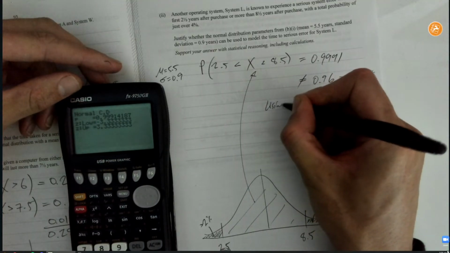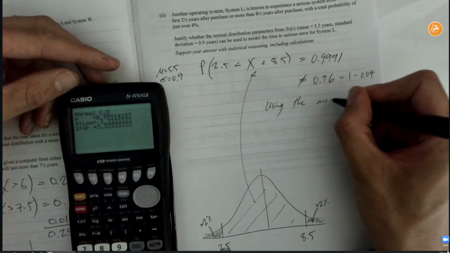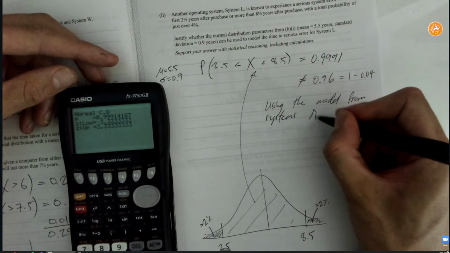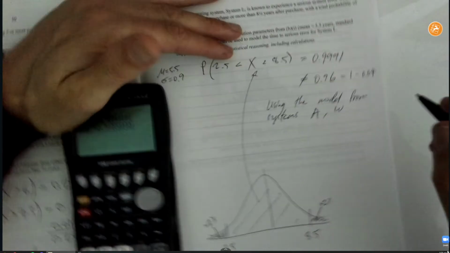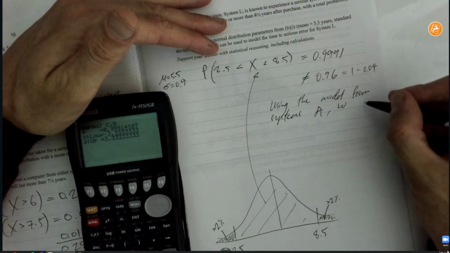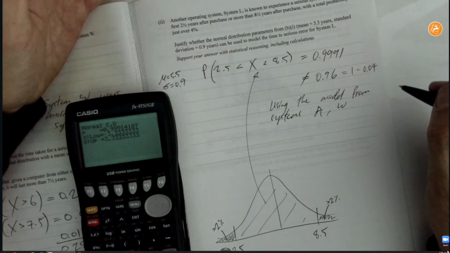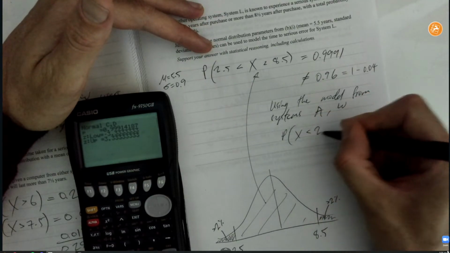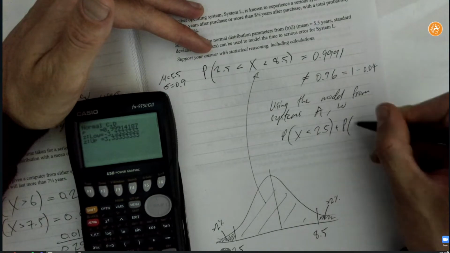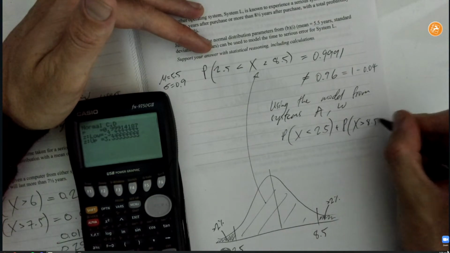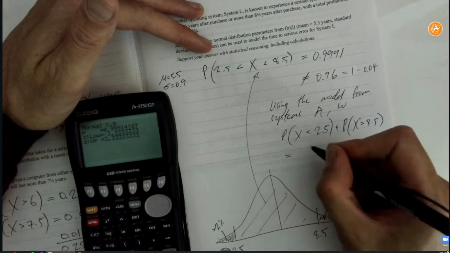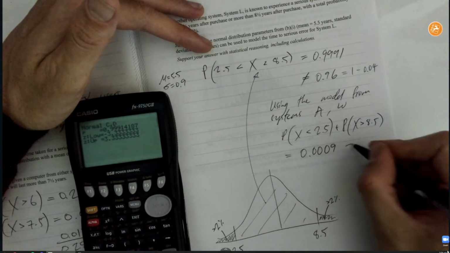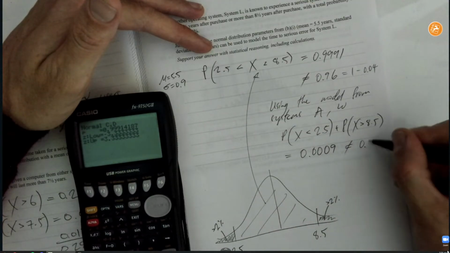Using the model from Systems A and W, P(X < 2.5) plus P(X > 8.5) equals 0.0009, which is not 0.04.